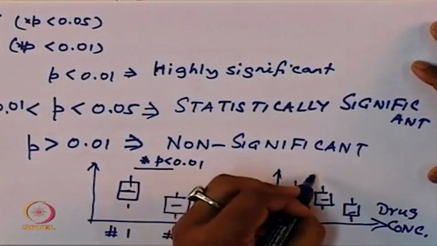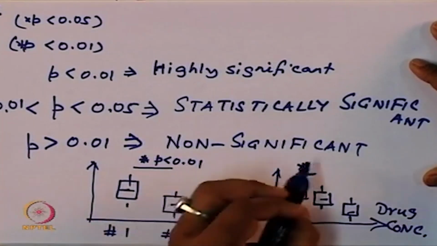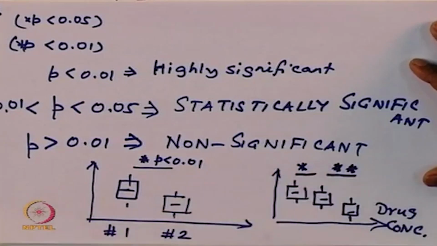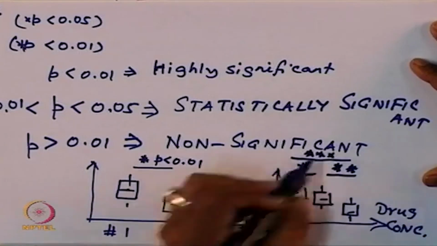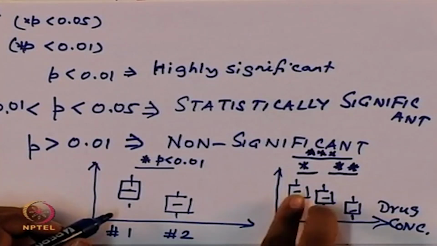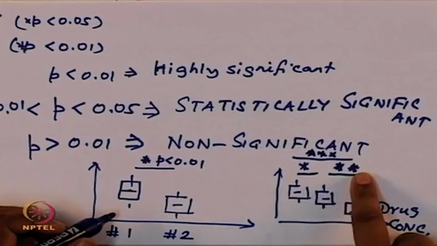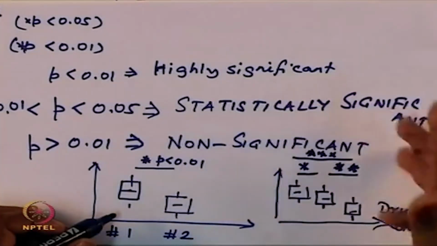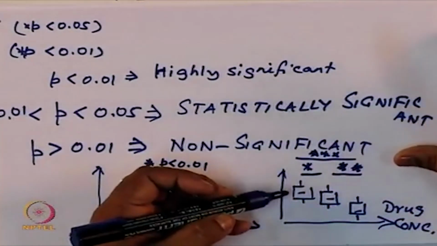Between these, in many papers you might see star, star star, and star star star. What this shows is that the difference between these measurements is significant, all three of them are significant, but the level of significance varies. In the text you will probably see the magnitudes being reported.